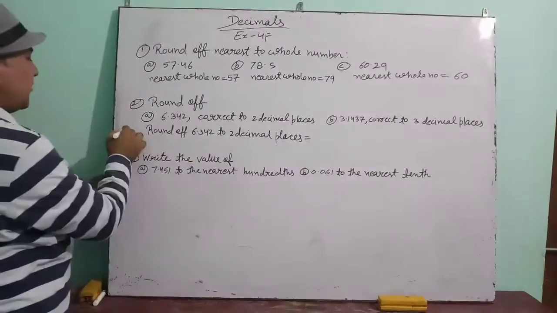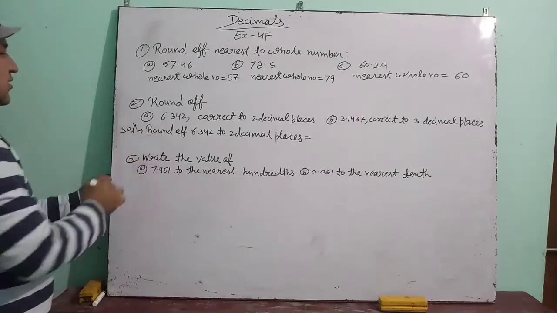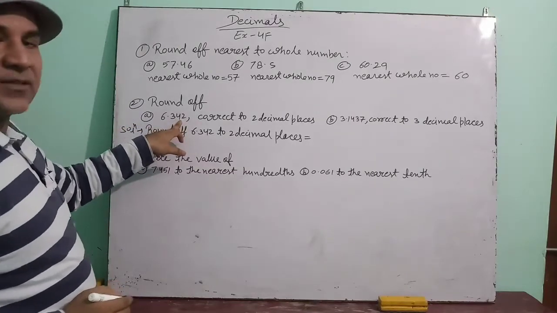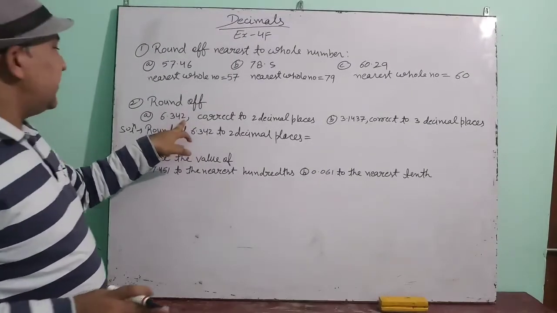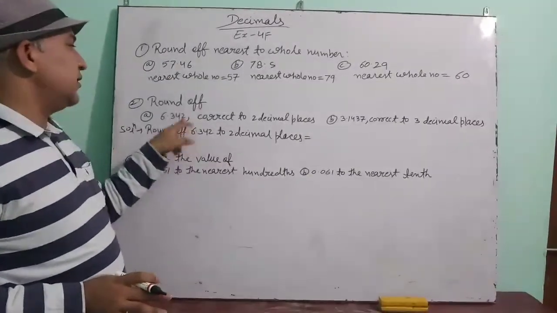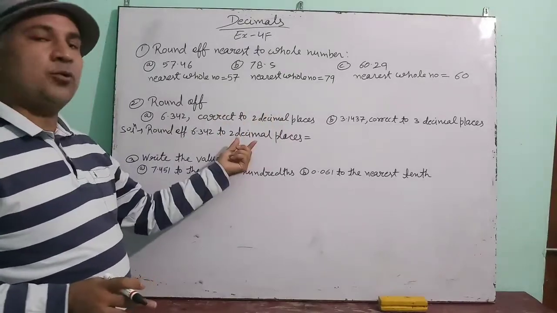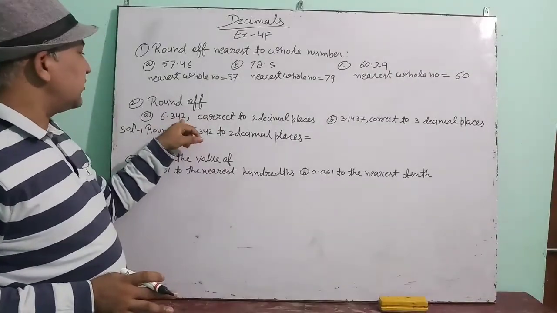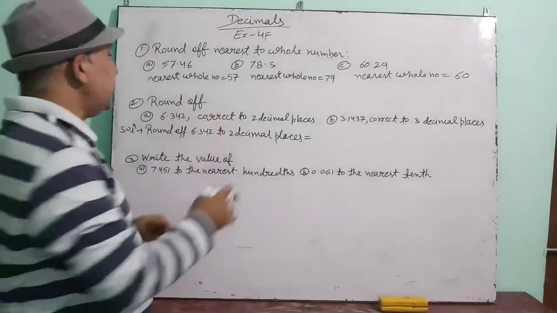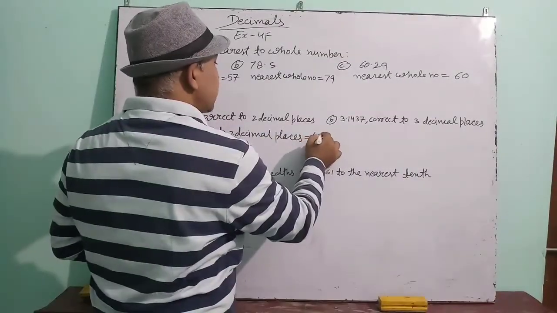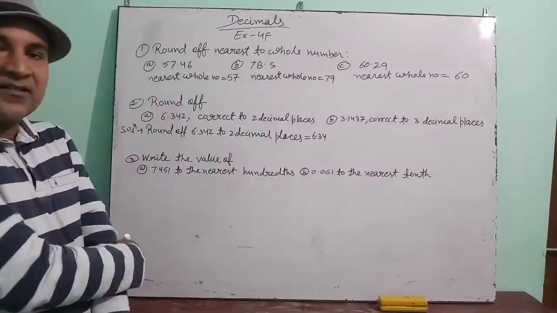What will be the round off? Since we have to write 2 decimal places, it means we have to remove the third digit. This third digit is less than 5. So this number will be removed. Only 6.34 will be the answer.